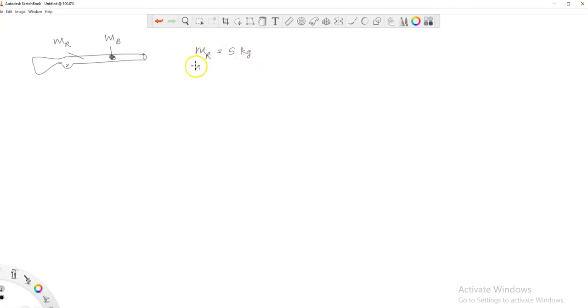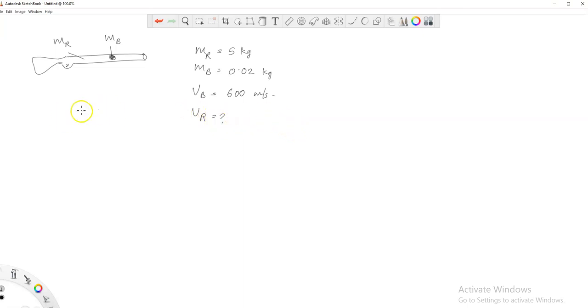The MB is, let's say, a small 0.02 kilograms, so this is like 20 grams. And when you fire it, let's say the velocity of the bullet, which is really fast, is 600 meters per second. Question is, what's the recoil velocity of the rifle?